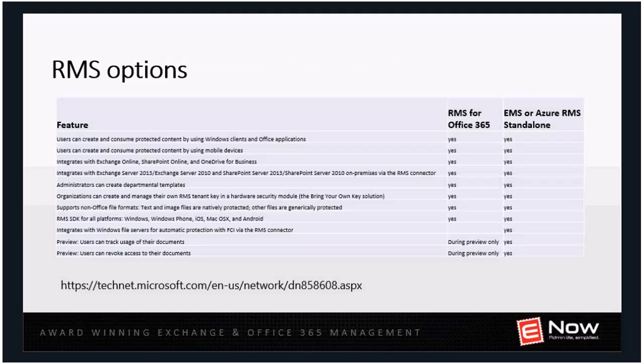But RMS within Office 365 has that set of features listed for you on the left-hand column, but there are some new additional snazzy features that have been added to the RMS that's available through EMS or Azure RMS Standalone. That is a different licensing option, and it does give you some nifty options here.